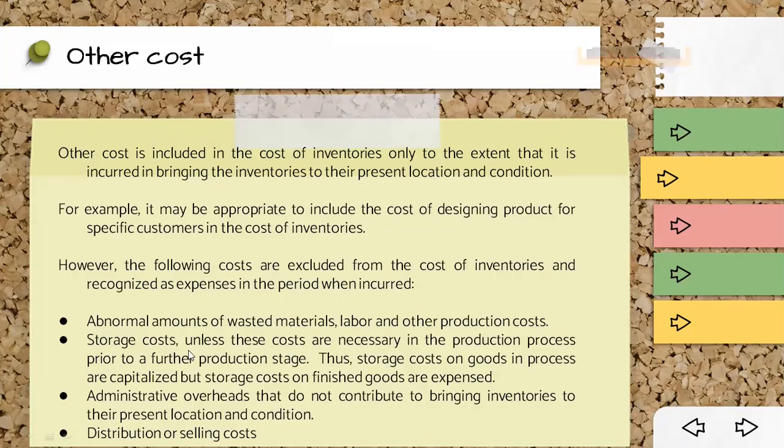Another is the storage cost, unless these costs are necessary in the production process prior to the further production stage. Thus, the storage cost on goods in process are capitalized, but storage costs on finished goods are expensed.